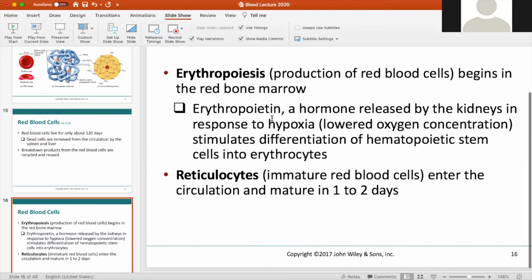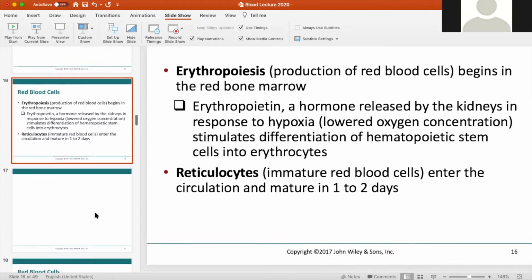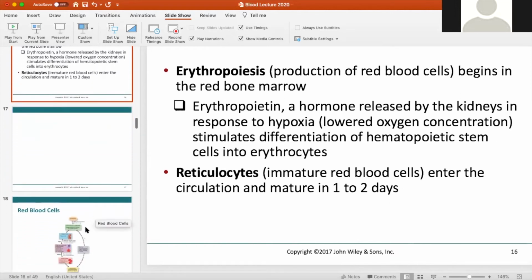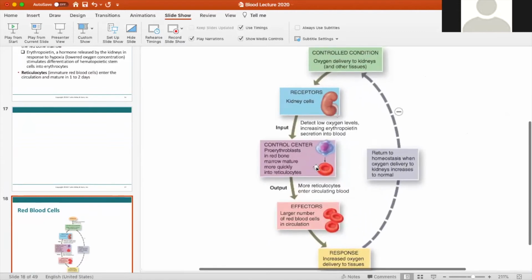So it's in response to that lowered oxygen concentration, which stimulates the bone marrow to create erythrocytes. All right, and the first one that they're going to see is that reticulocyte, which will enter into circulation and then become an erythrocyte within 1 to 2 days.